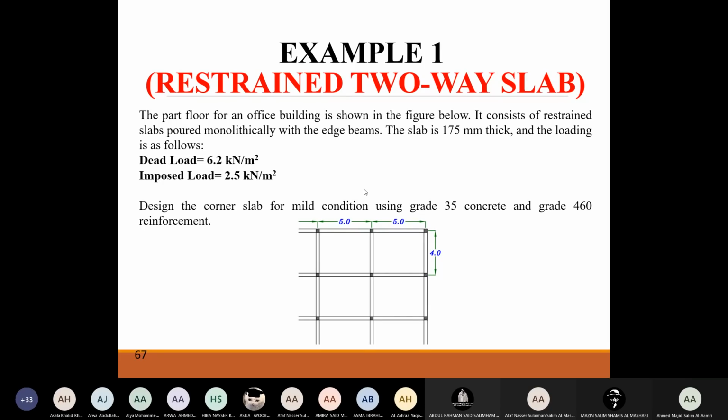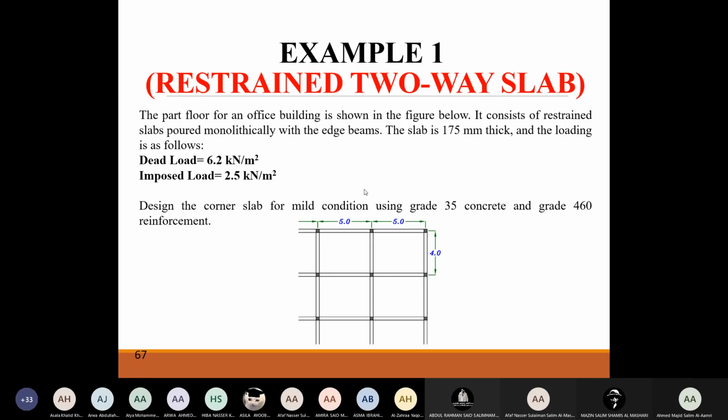It depends on the type of elements that you are using. Normally, we don't recommend going for a simply supported slab unless it's really mandatory.